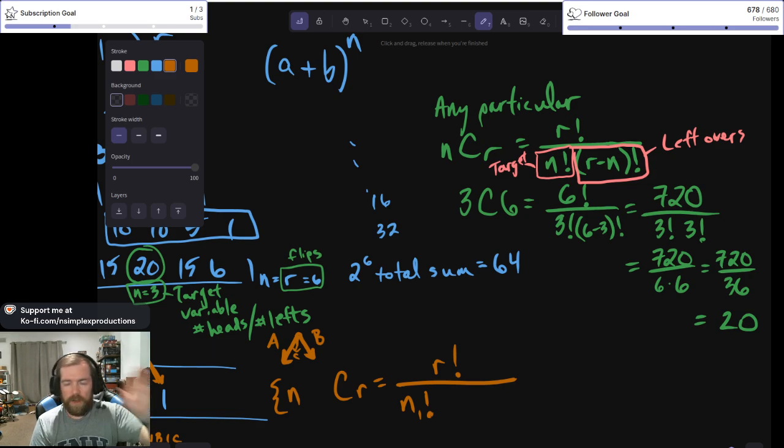And then the other stuff that exists, the leftovers, come in many different varieties. So there's what's in the second bin, factorial. What's in the third bin, factorial. So this is really you're choosing what all of the bin sizes are, n sub i. And then here, we're just saying, what do these sizes need to be?